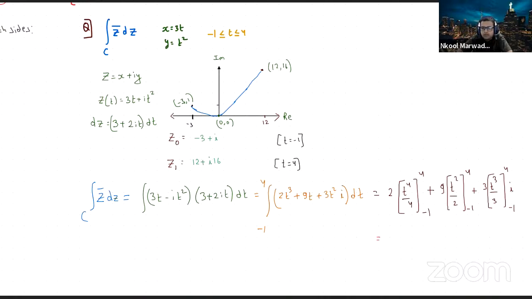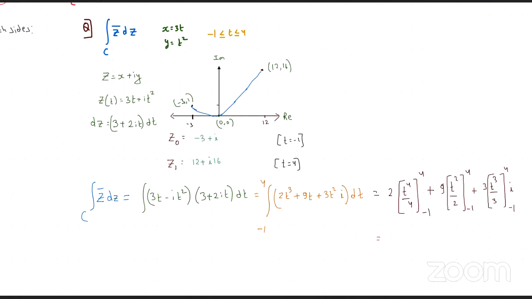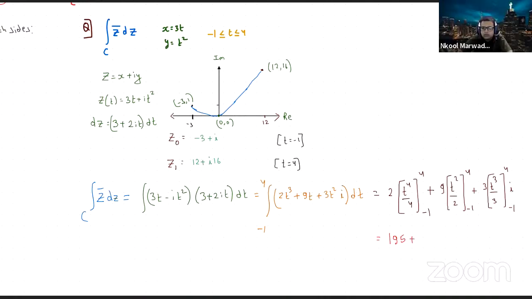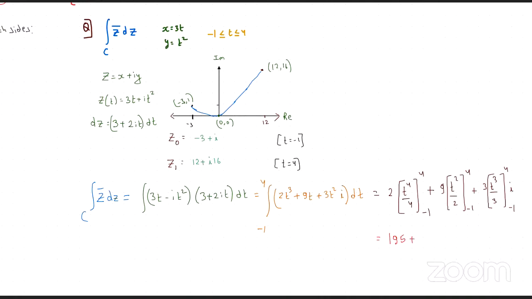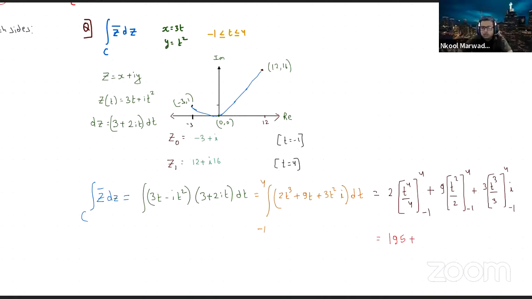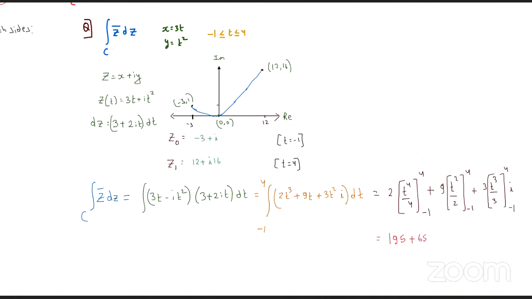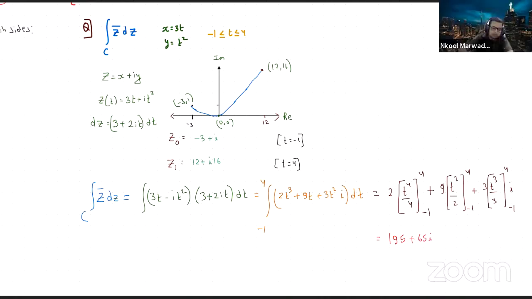So after simplifying, you will get 195. We can cancel the 2 and 4, and 3 and 3. So this is the final answer.